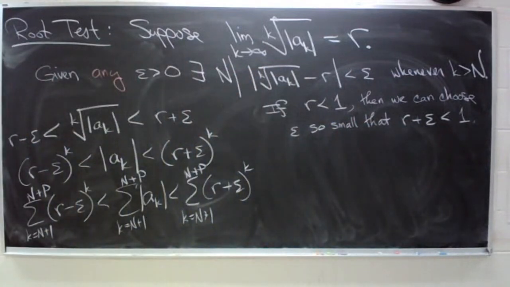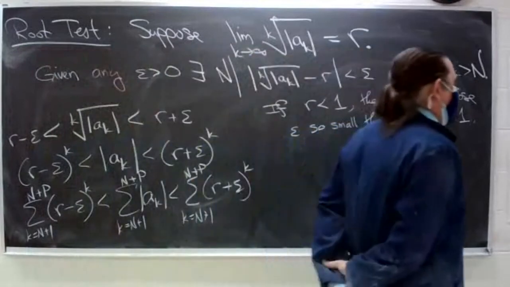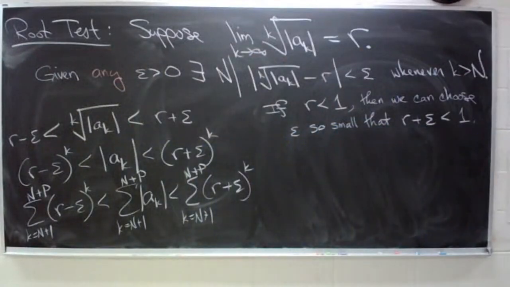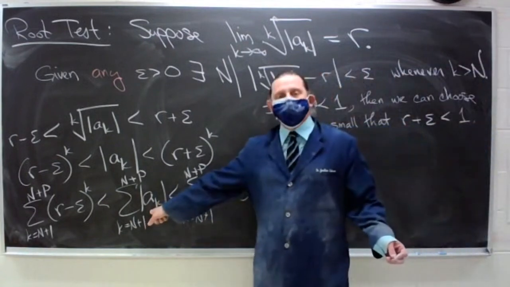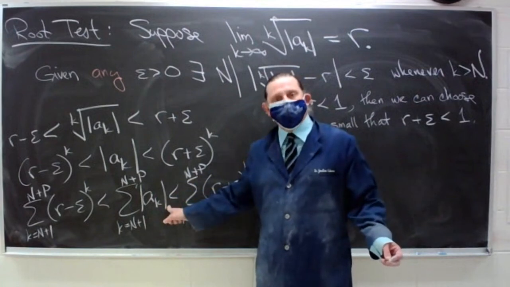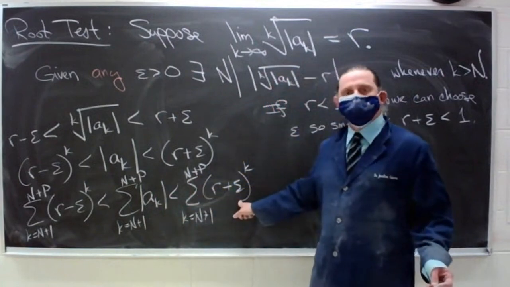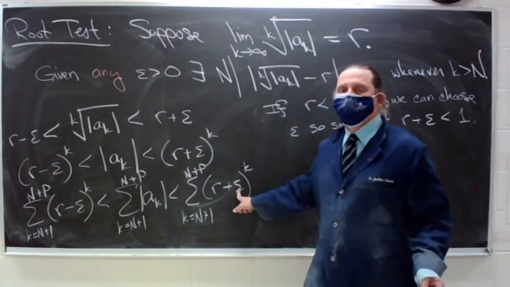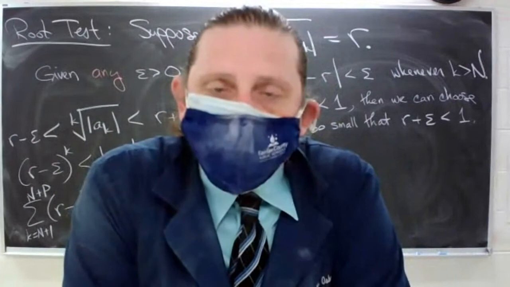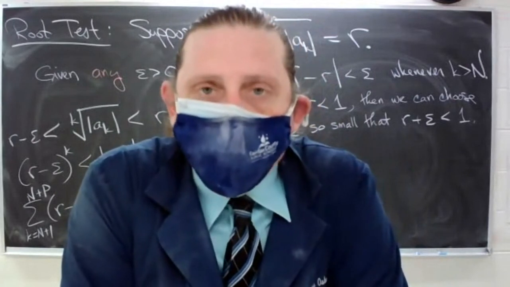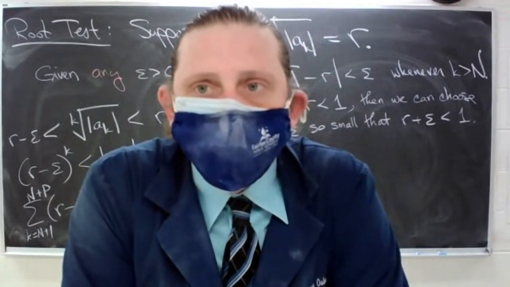Choose epsilon smaller than 1 minus r, for example, epsilon equals (1 minus r) over 2. In that case, this series is less than this series. And this series, being a geometric series with common ratio less than 1, is convergent.